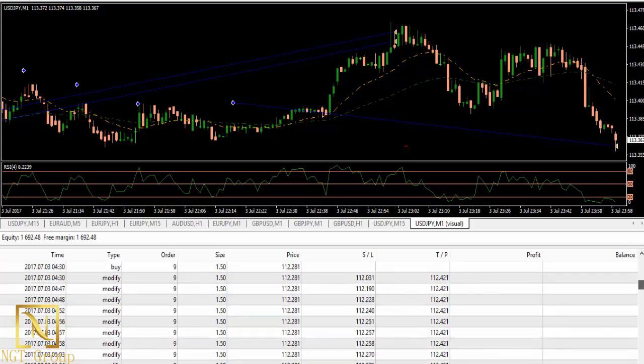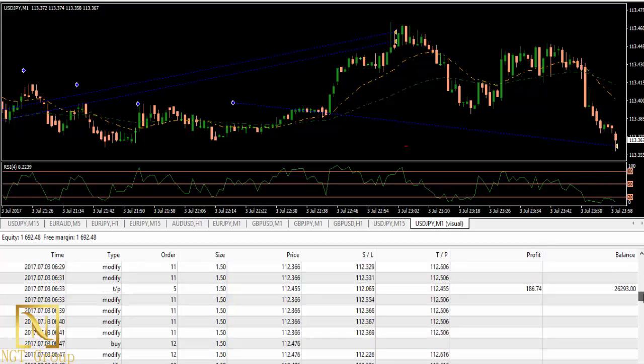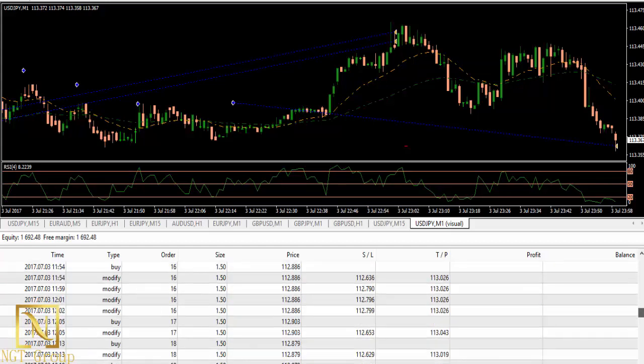As we can see here again, we have a series of profits here, another profit there, we have another series of profit down there. So we have some losses here, smaller losses, much smaller than the profit. We also have another series of profit there, and another series of profit there, and another loss right there, a couple more losses, and then profit.